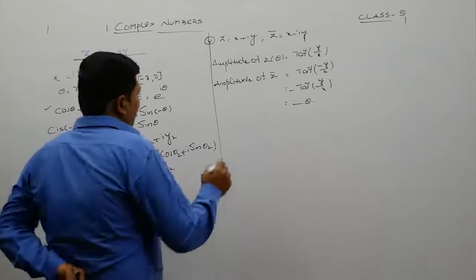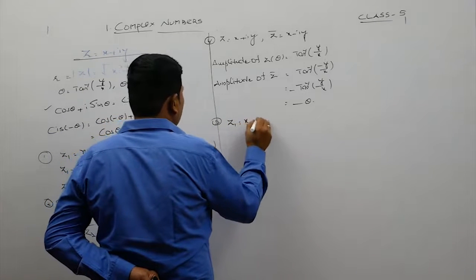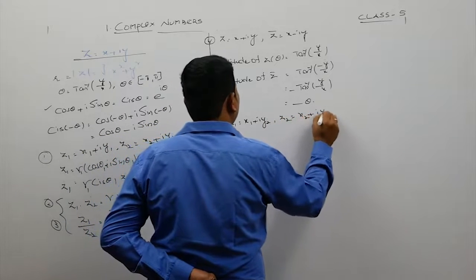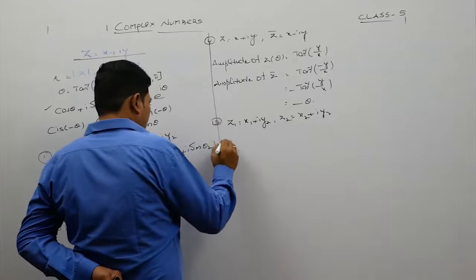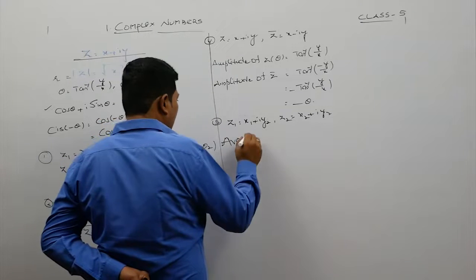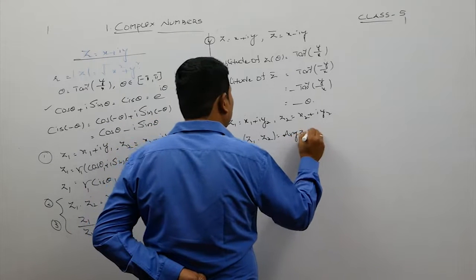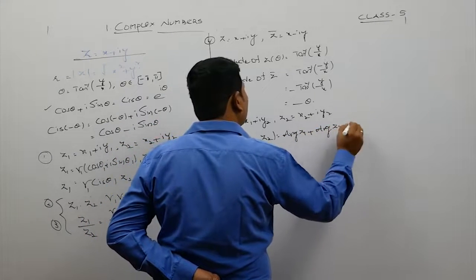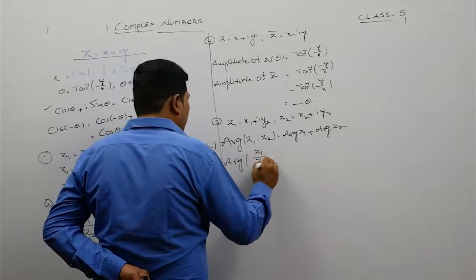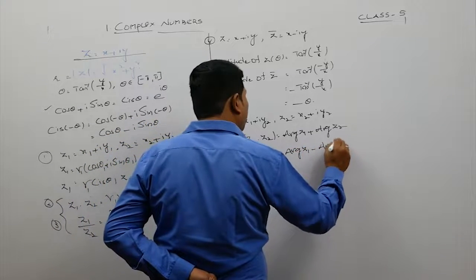So immediately, if z1 is equal to x1 plus iy1 as well as z2 is equal to x2 plus iy2, then again argument or amplitude, argument of z1 into z2 is equal to argument of z1 plus argument of z2, as well as argument of z1 by z2 is equal to argument of z1 minus argument of z2.